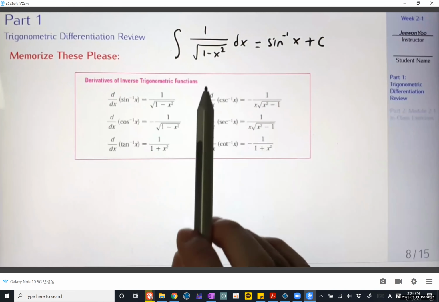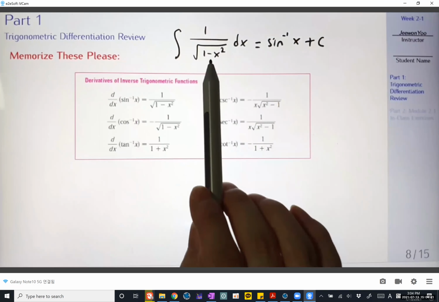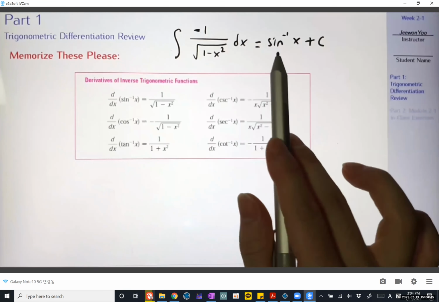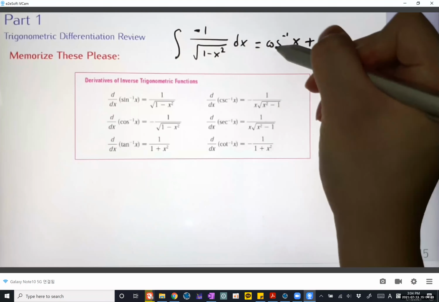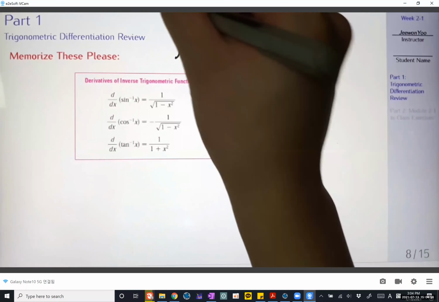And whenever you encounter the integral of the negative of the same thing, if it's negative, then the sine inverse becomes cosine inverse, like this. Okay, and it's my favorite one. My favorite one is this guy.